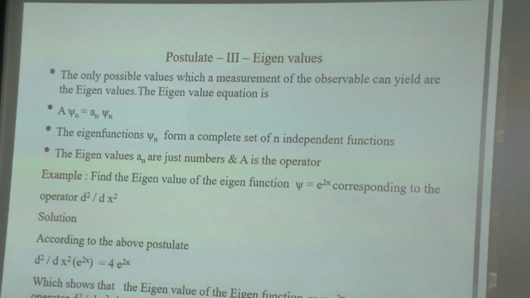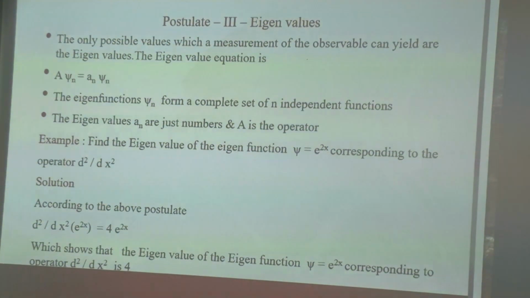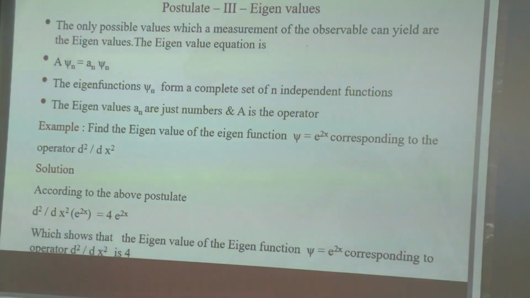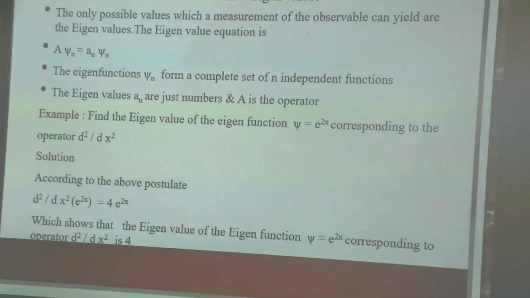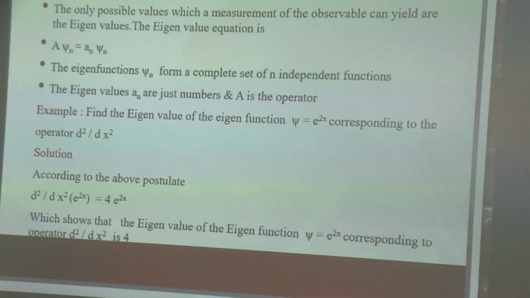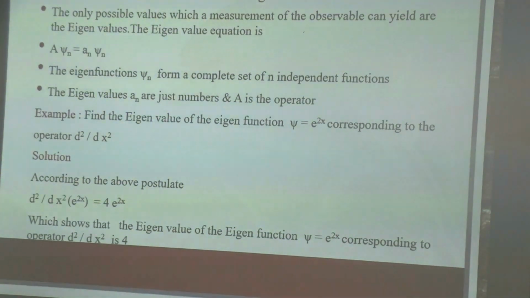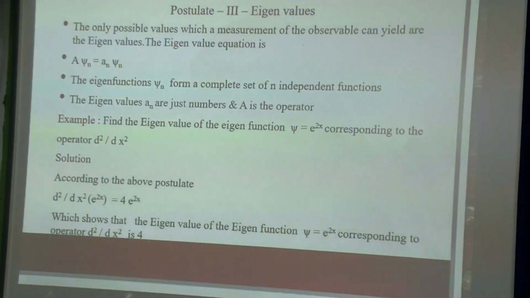Now let us find the eigenvalue for a given function. Here the function is psi equals e power 2x and the corresponding operator is d squared by dx squared. Let us substitute in the above equation. Instead of A we substitute d squared by dx squared, and instead of psi n we substitute e power 2x.